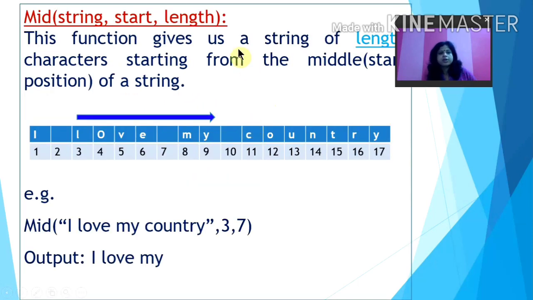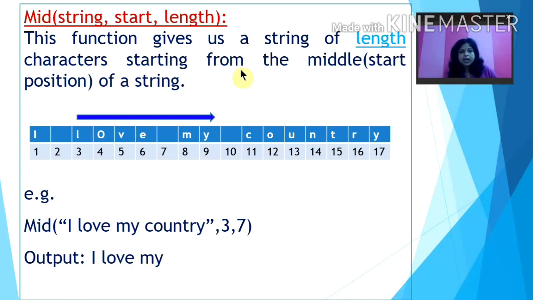So let's first come to this MID function. What does this function do? This function gives us a string of length characters starting from the start position of a string. That means here you see three values we will give. One is the string, from which we want to extract another string.